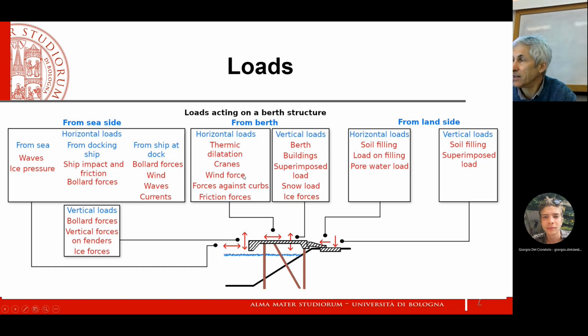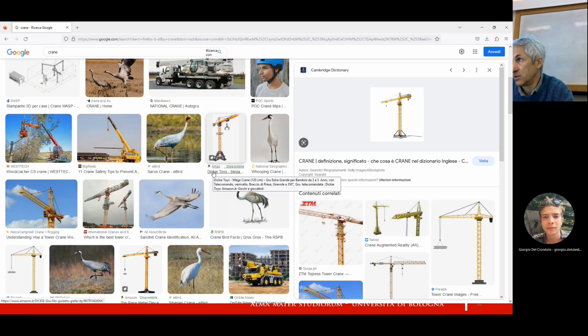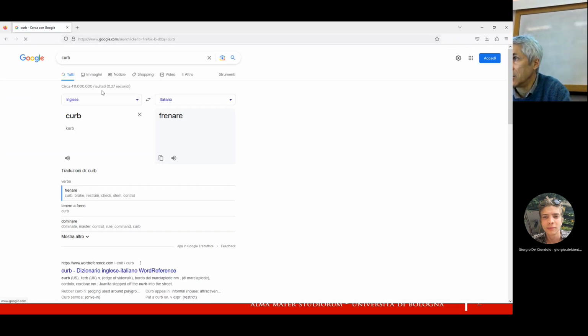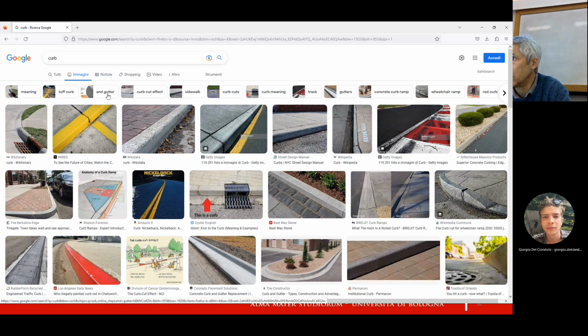And then, sorry for the Italian, then we have the wind force. We have the forces against curbs and friction forces. Curbs, just to make sure, again, that we understand each other. I think that more than to curb means to brake, basically. They are structures that are used in order to stop the movement of vehicles or movement of cranes.